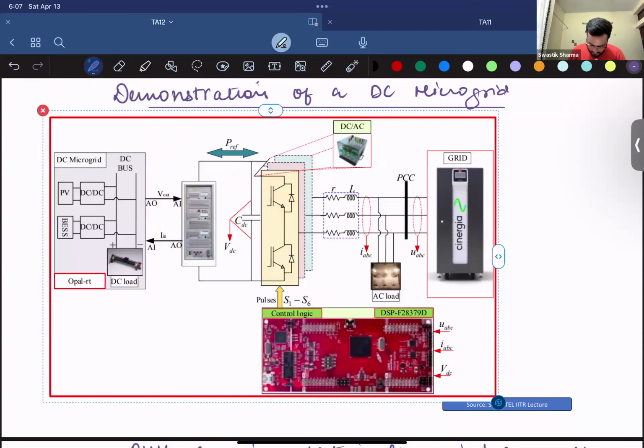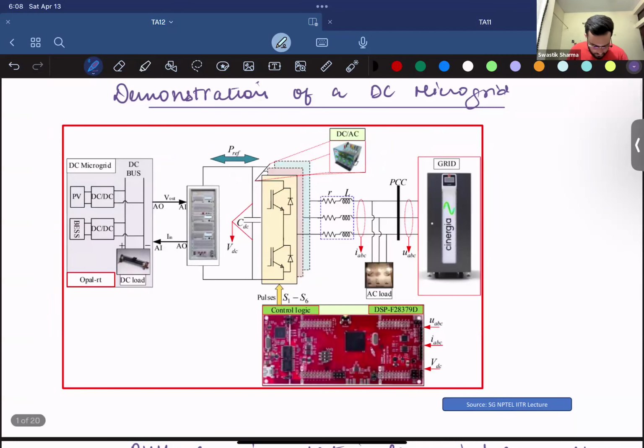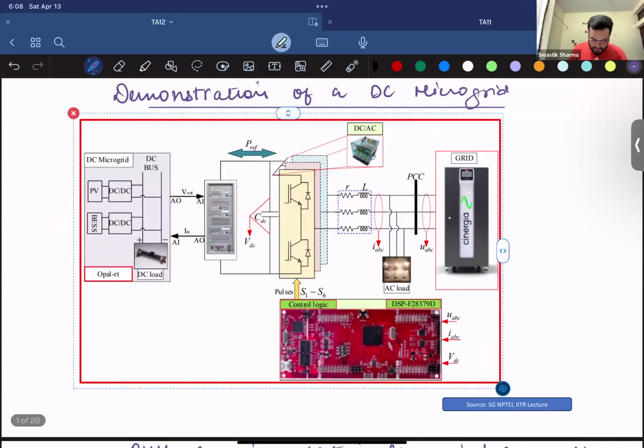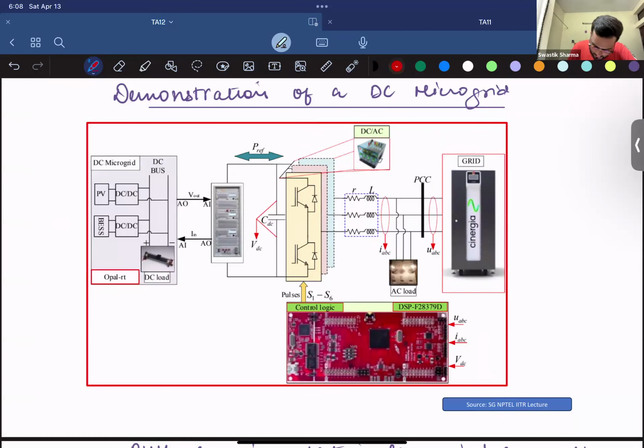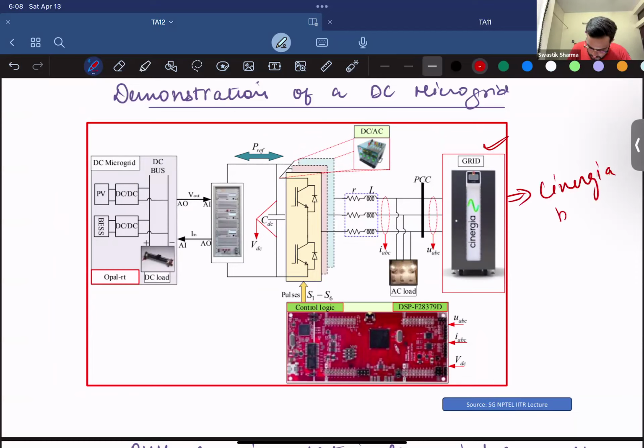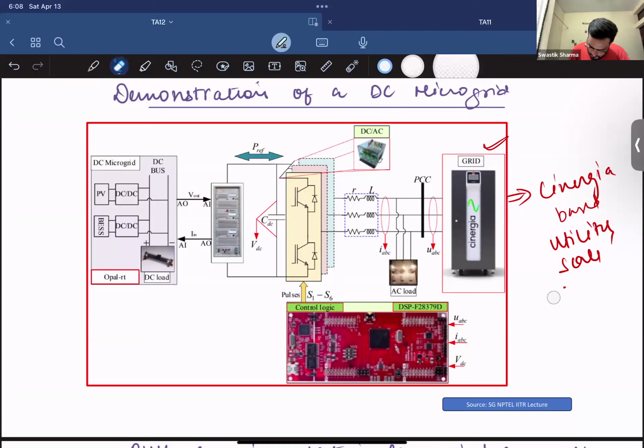We have here a DC microgrid, which is connected to this main grid, which is a Synergia based utility scale synthetic power generating device.